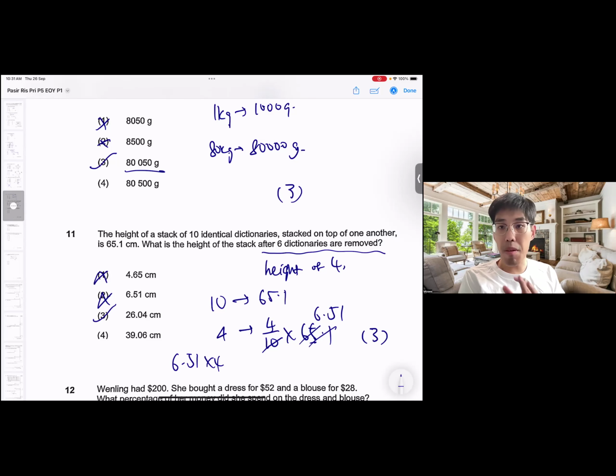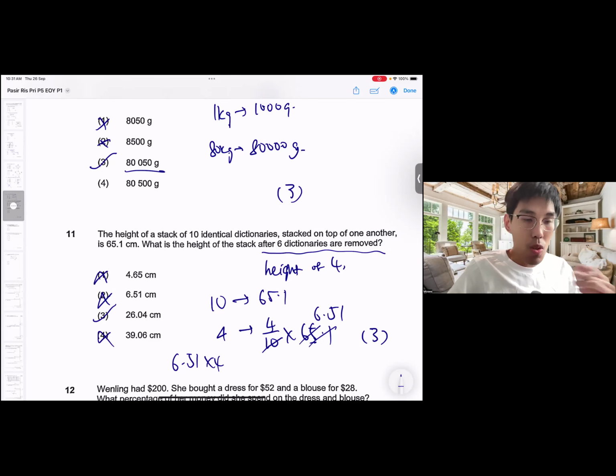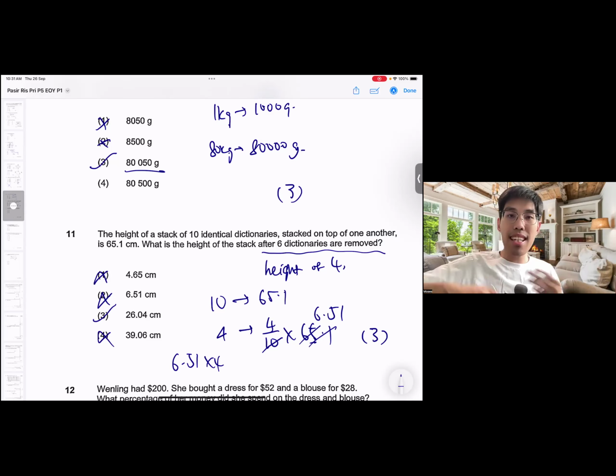So 39 is confirmed out. We don't even need to consider that already. So the answer is option 3. Use these techniques and exercise some common sense to reduce the time in calculating. You calculate, then you do your working, then it's wrong, then you waste time.